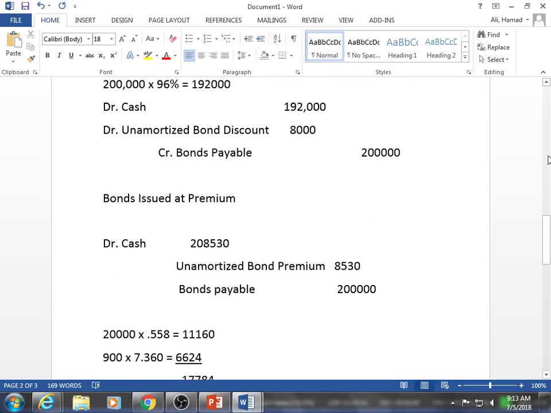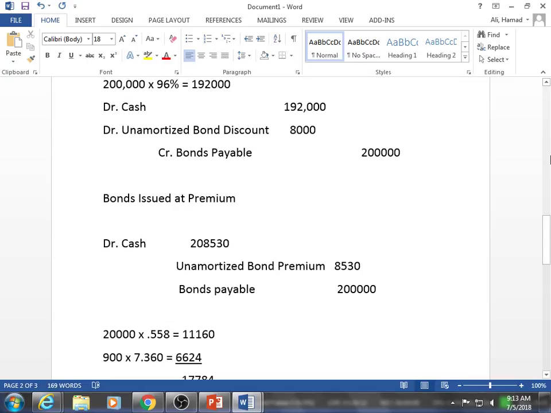The difference is that instead of crediting the unamortized bond discount, we're going to debit the unamortized bond premium, because its original balance is a credit. When we amortize it, we have to debit it.